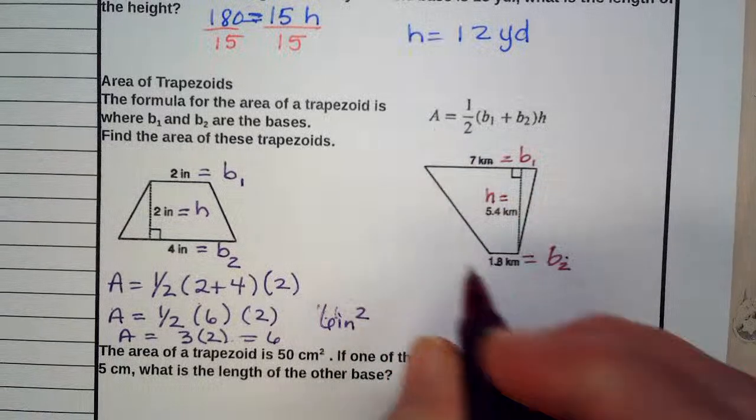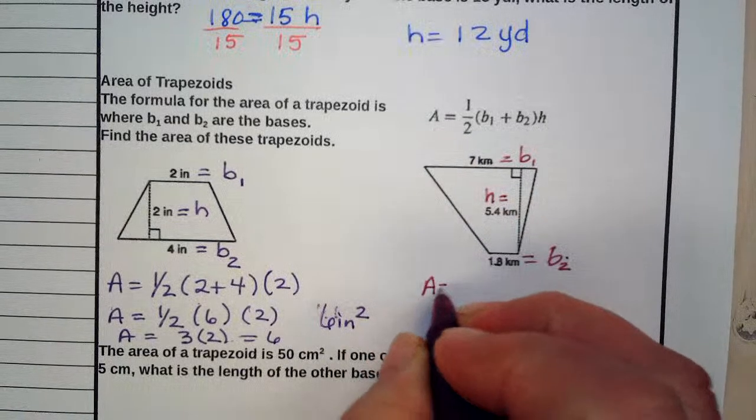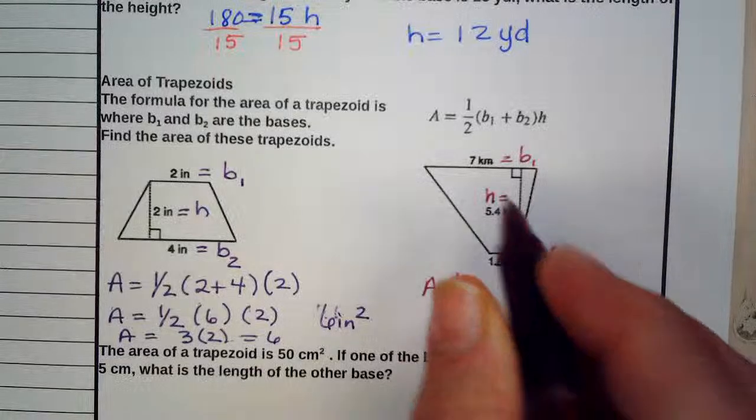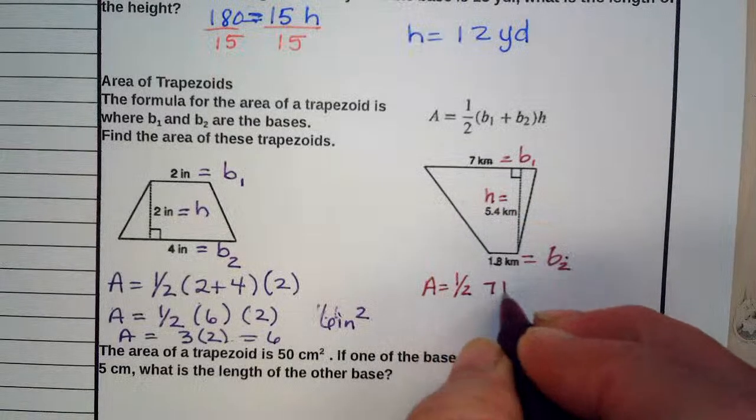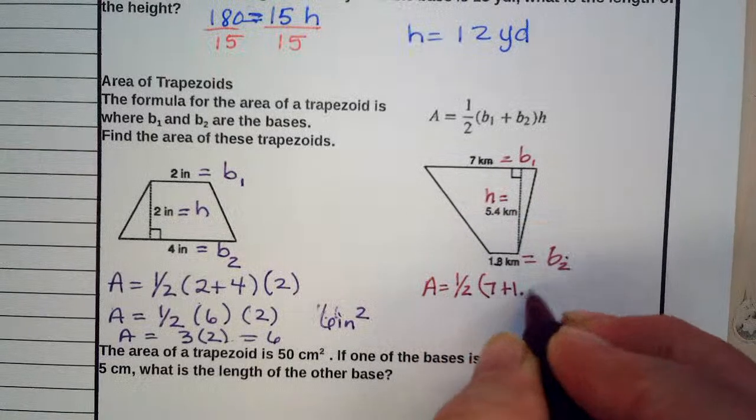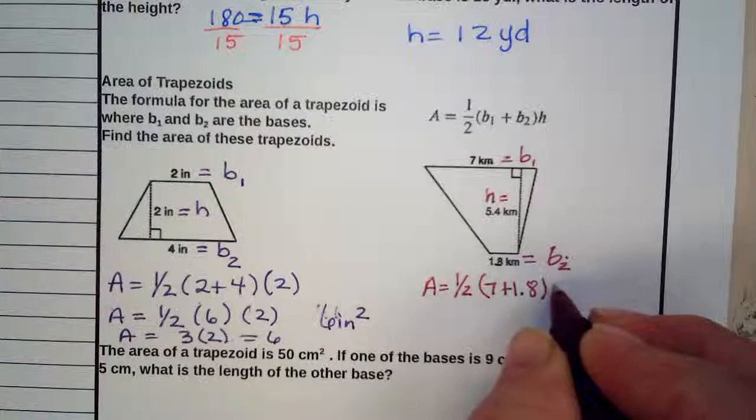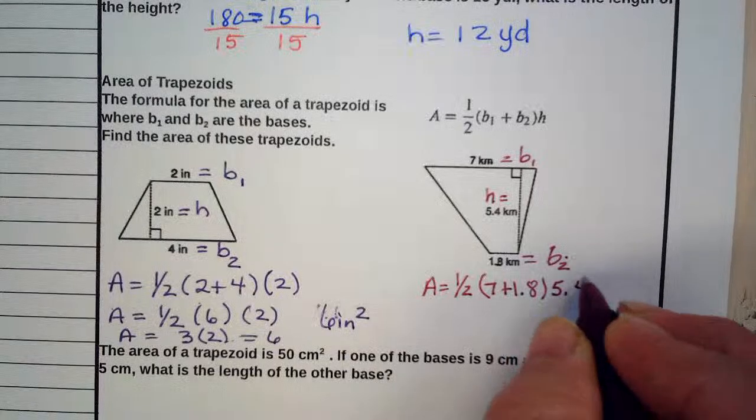Putting it into our formula, our area is equal to 1/2 of 7 plus 1.8 times 5.4.